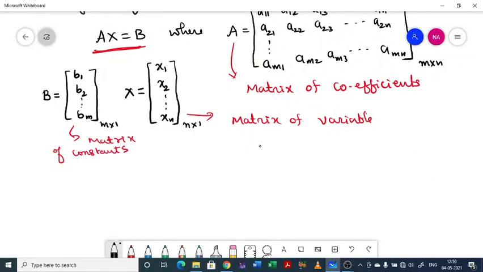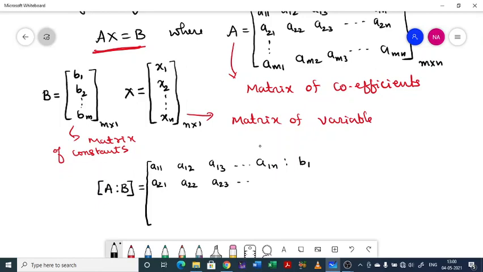That matrix is written in this form: A colon B. Here you write A11, A12, A13 and so on, A1n colon B1, A21, A22, A23 and so on, A2n colon B2, and next A31, A32, A33 and so on, A3n colon B3.